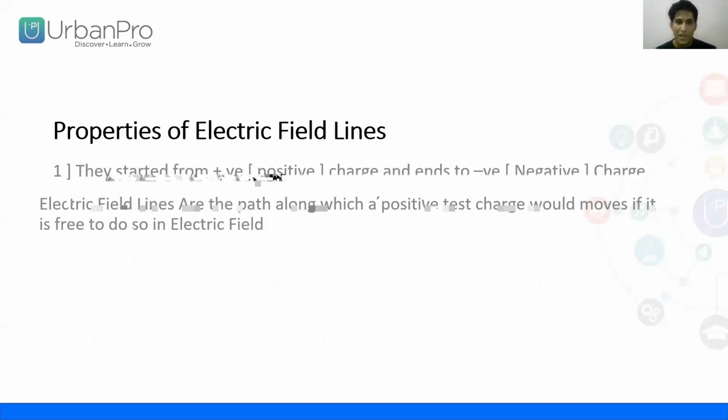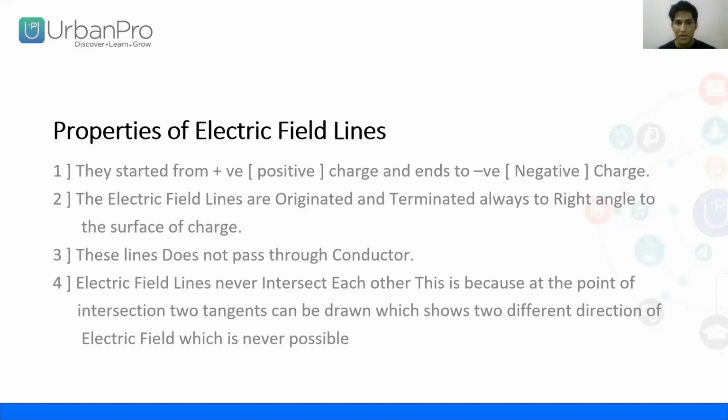The properties of electric field lines: they start from the positive charge and end at the negative charge. These lines do not pass through a conductor. Electric field lines never intersect each other.